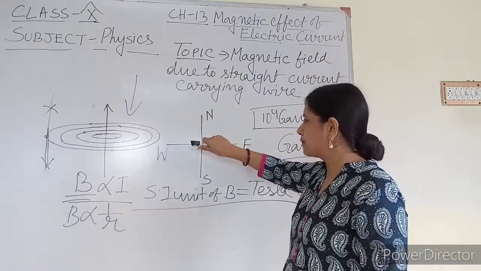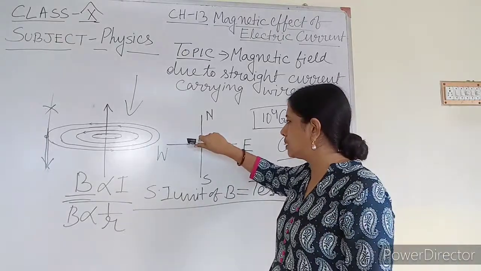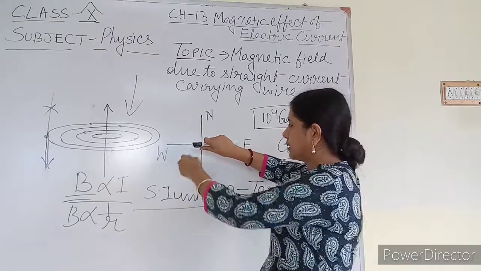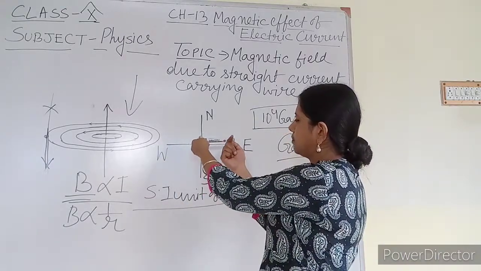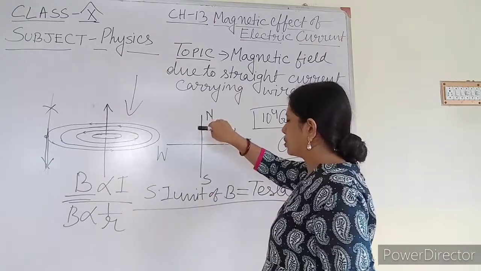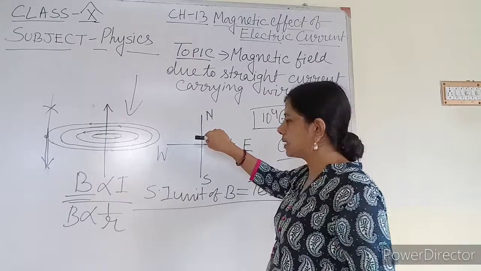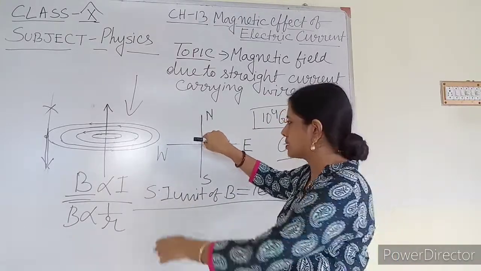Now I have to find out the direction of the magnetic field lines at a particular point below the conductor and above the conductor. Below means here at this point and above means at this point. So my curl is moving in this direction. Now in the same direction I will move my finger to form a tangent around the circle.